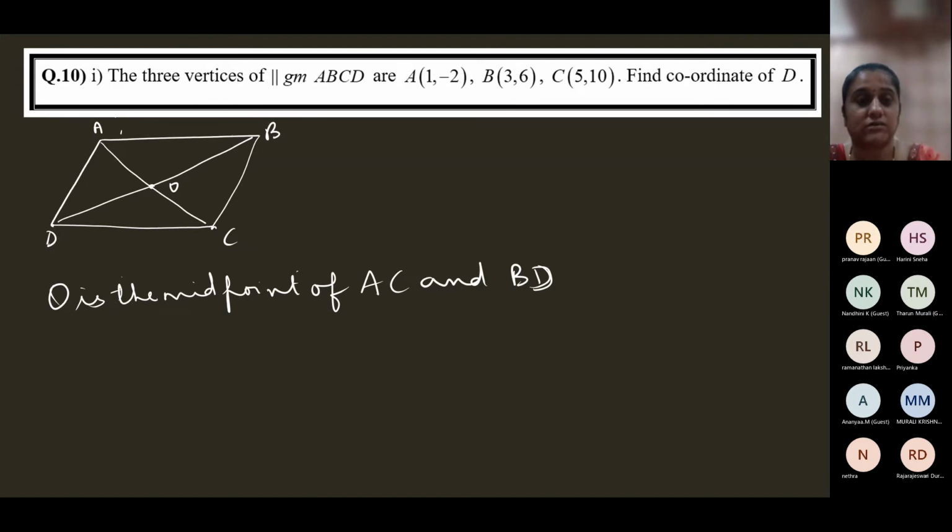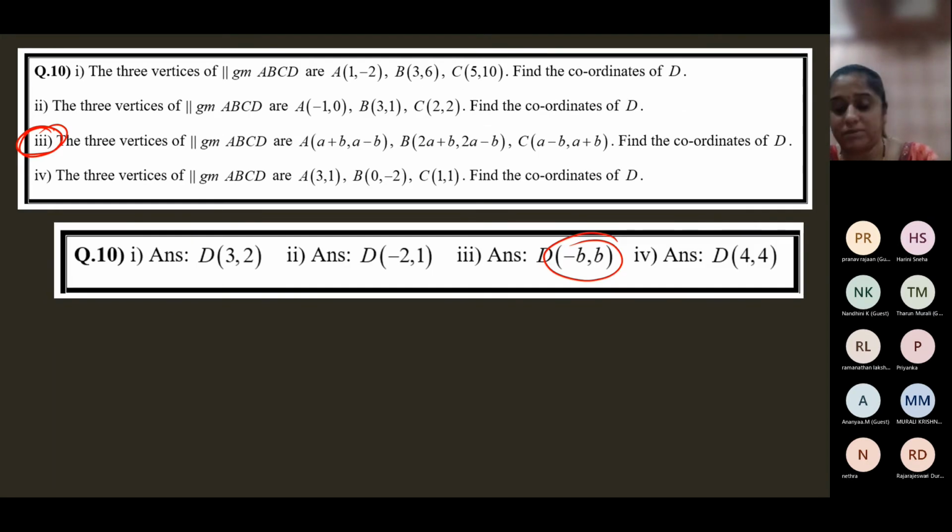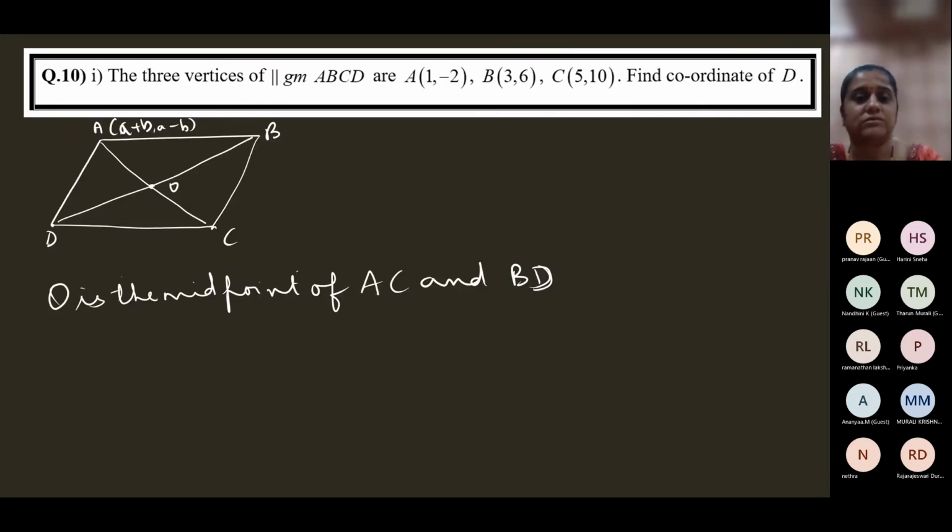So, A is (A plus B, A minus B), C is (2A plus B, 2A minus B), and the other vertex is (A minus B, A plus B).